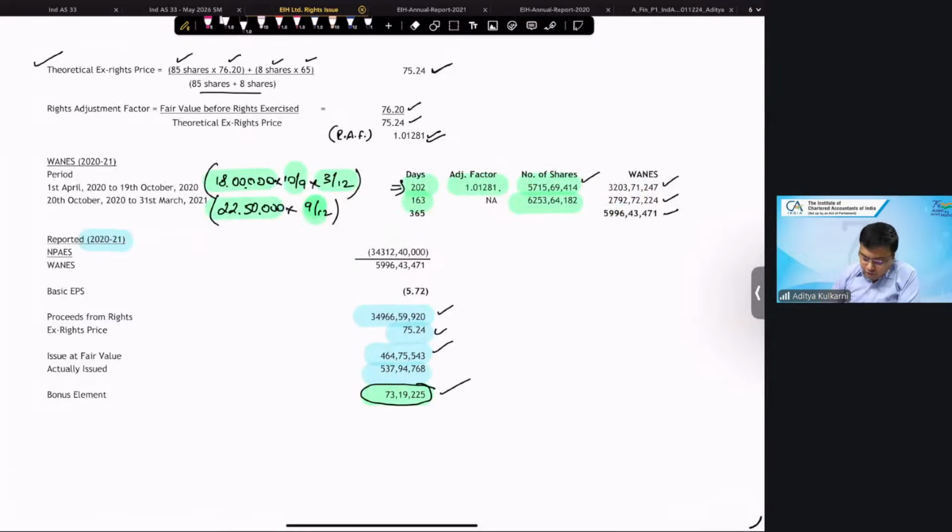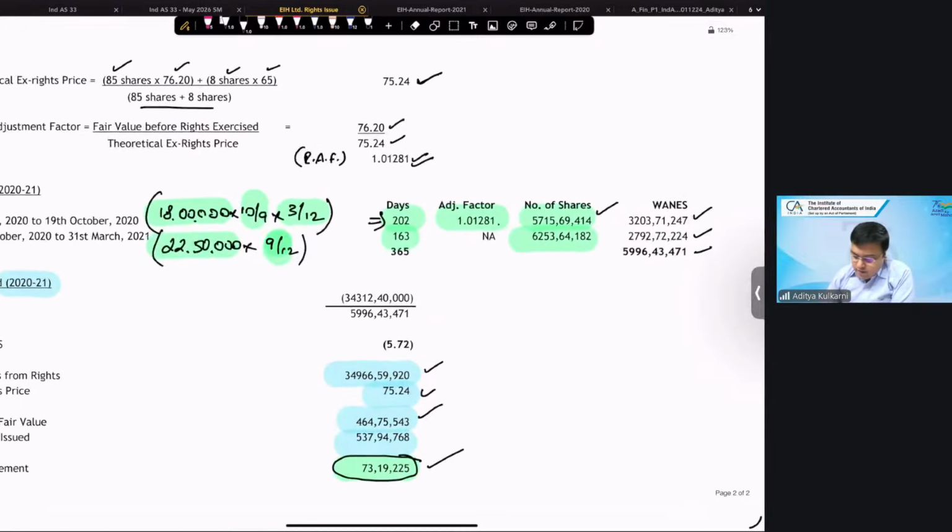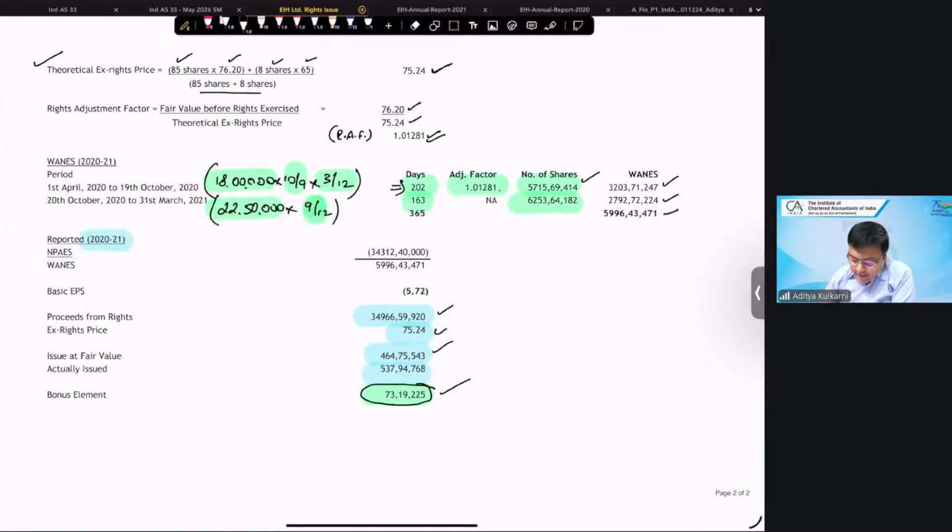So if I have to calculate, it is the number of shares prior, 57,15,69,414, into 1.01281, multiplied by, obviously this is in the middle of the year, so we have taken it on the basis of number of days, 202 days.